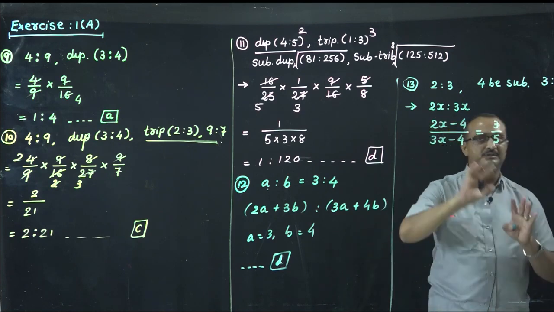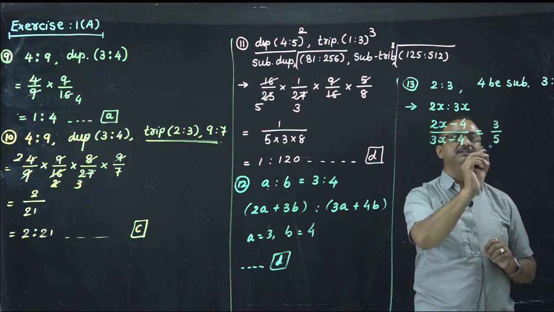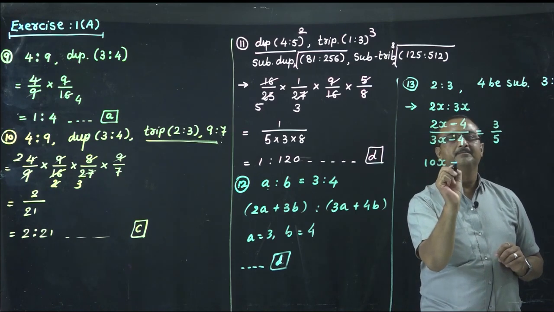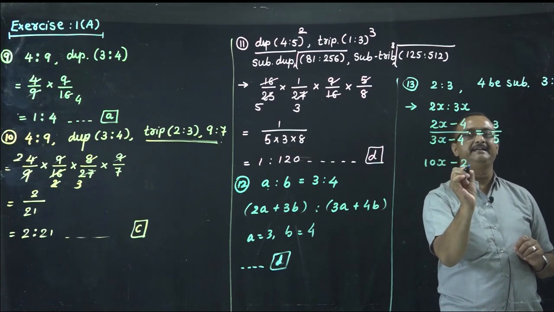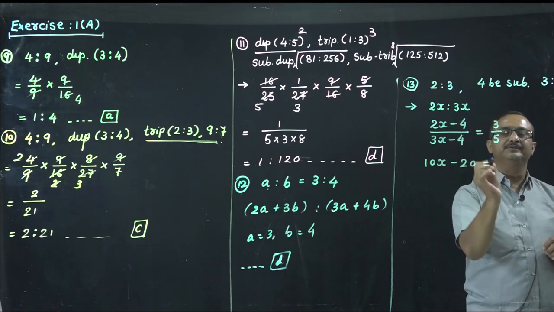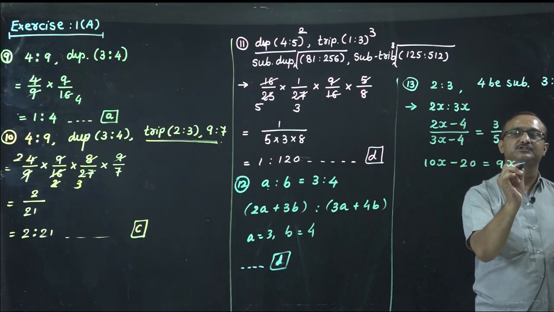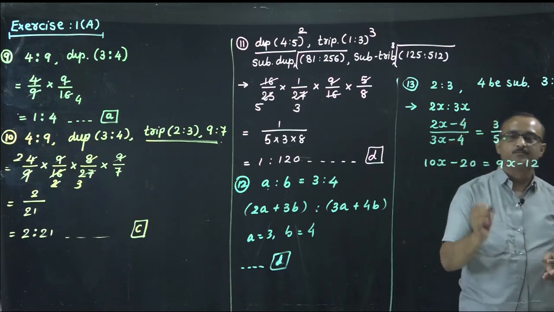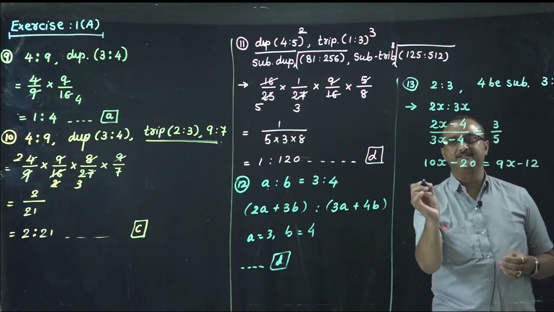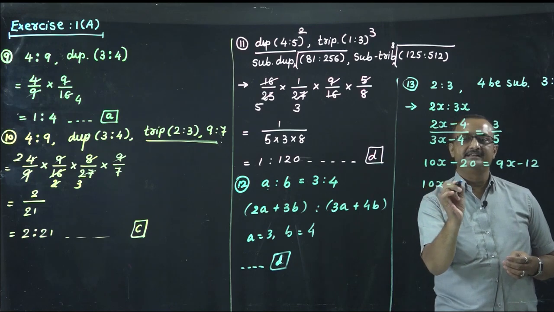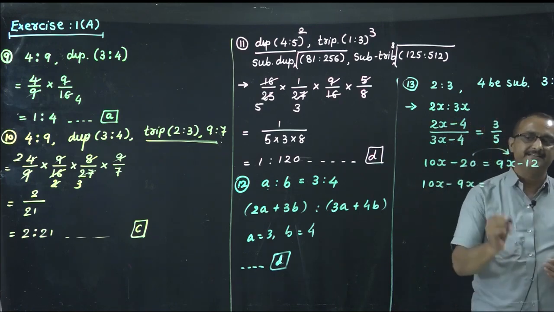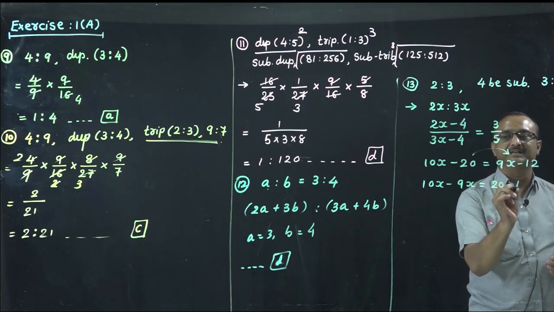Now you have to solve this equation by cross multiplication: 5 2s are 10x minus 5 4s are 20 is equal to 9x minus 12. Moving 9x here, so 10x minus 9x, and moving 20 to the right side, we get 20 minus 12.